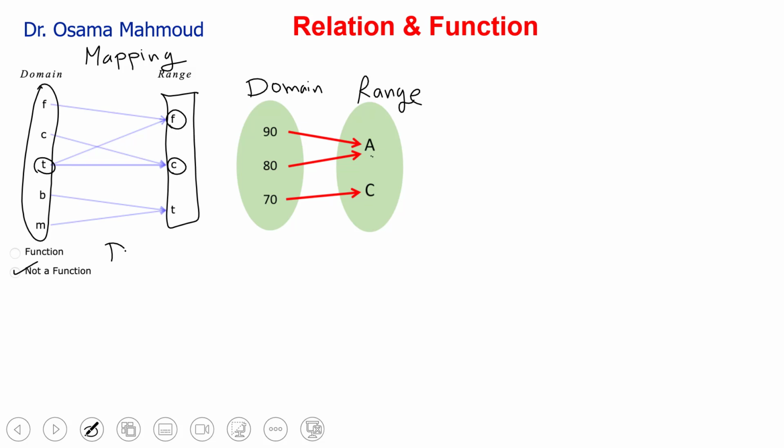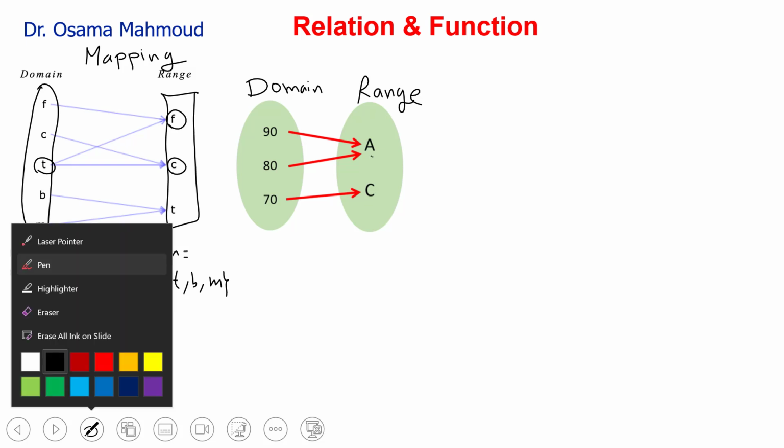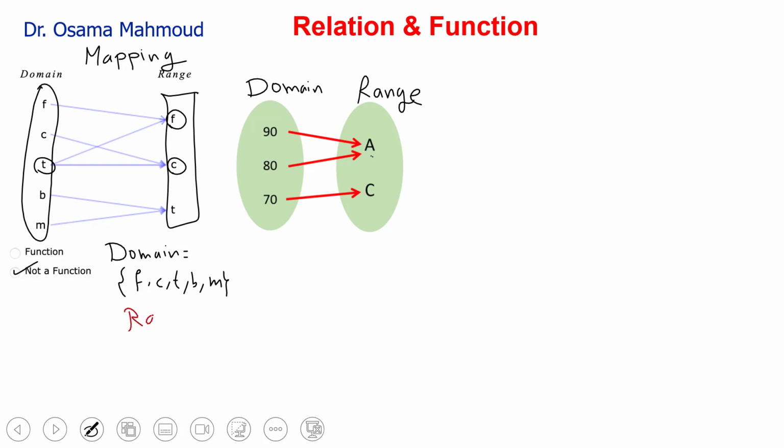So the domain here is the set of elements F, C, T, B, M. And the range is the set of elements F, C, T. So this is not a function but a relation. This is a relation.